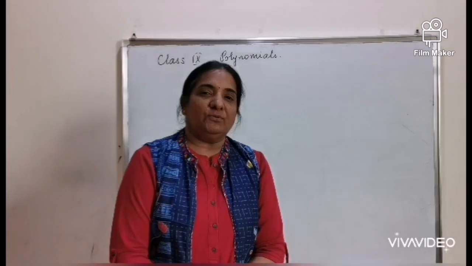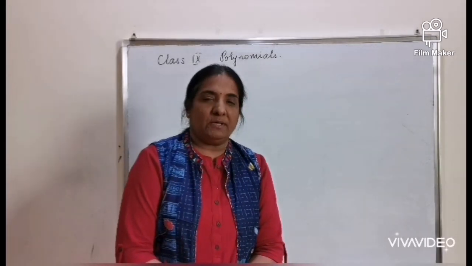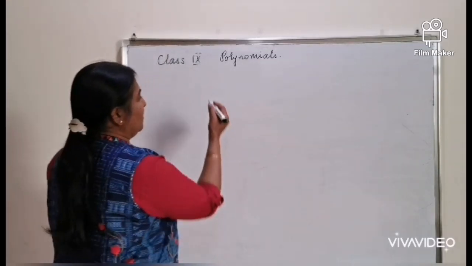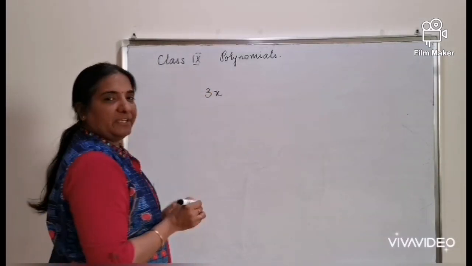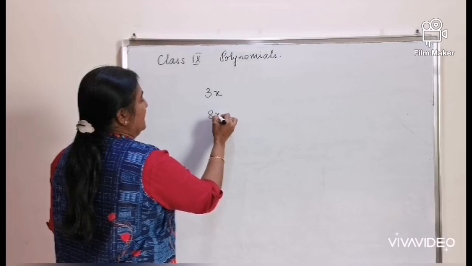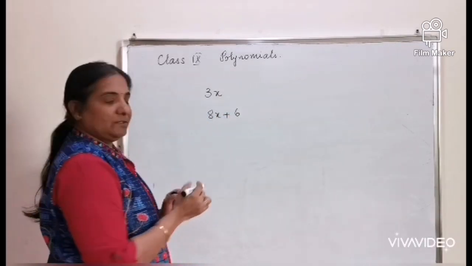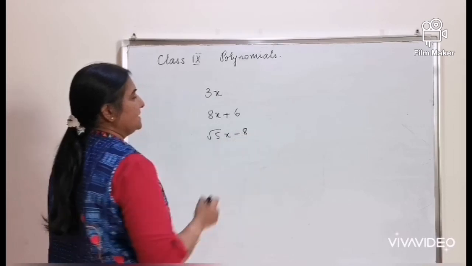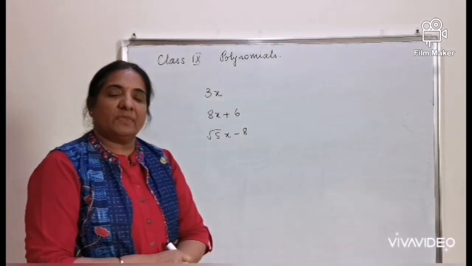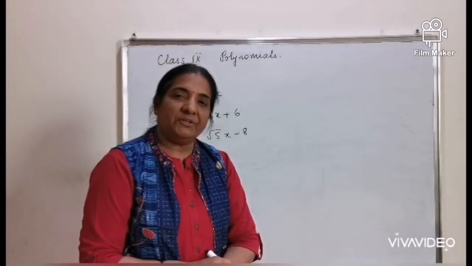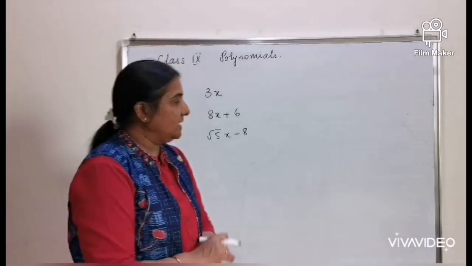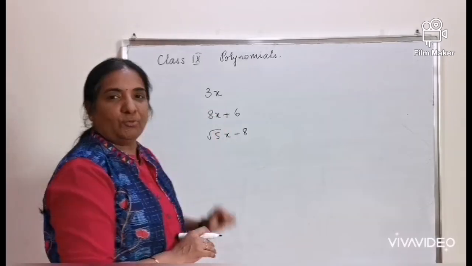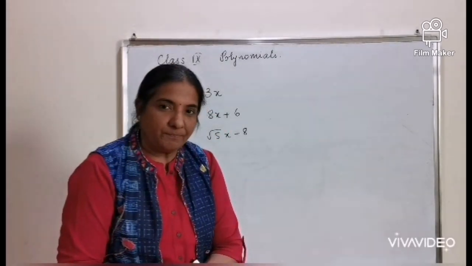I hope you copied the notes in your notebook. Consider polynomials of the form 3x, 8x plus 6, root 5x minus 8, etc. What can you find here? You can see the degree of this polynomial is 1.